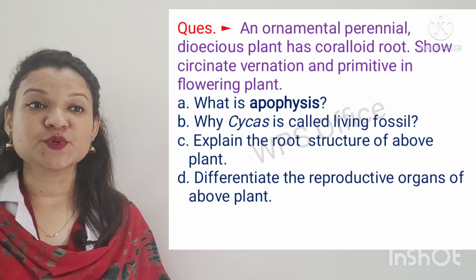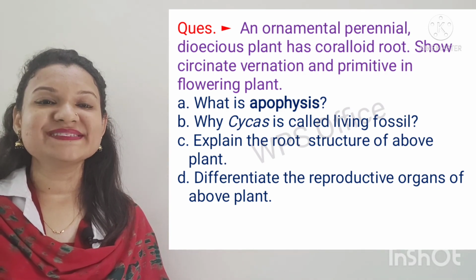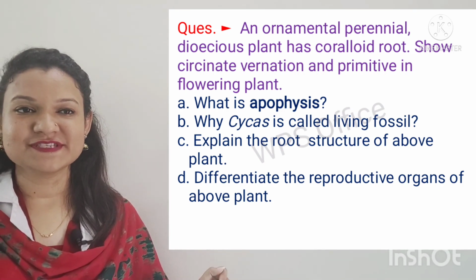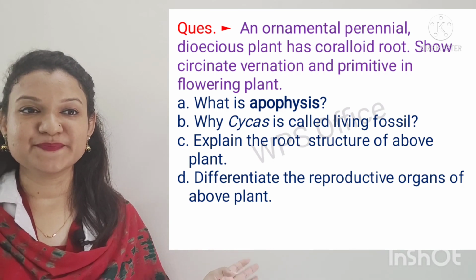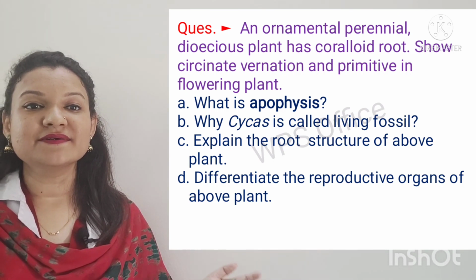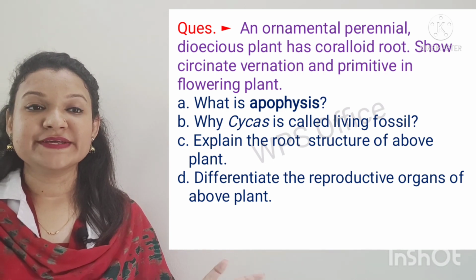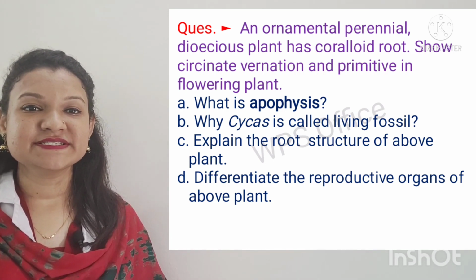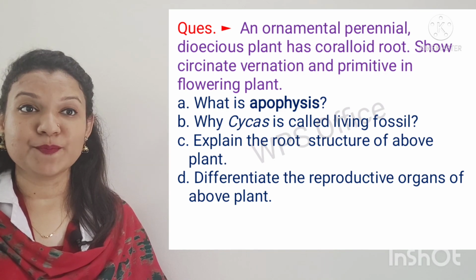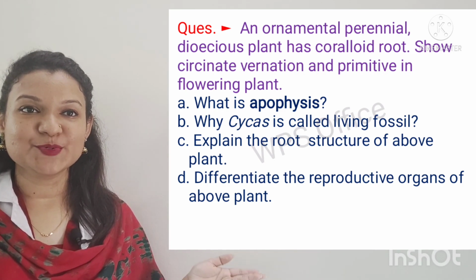This is a knowledge-based question. B, why is Cycas called a living fossil? C, explain the root structure of the above plant. D, differentiate the reproductive organs of the above plant. So, this is your homework.